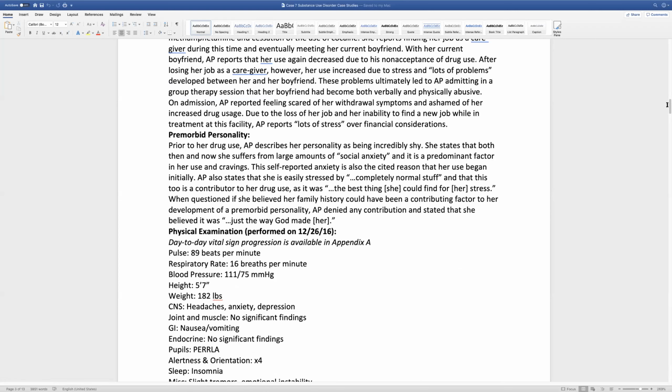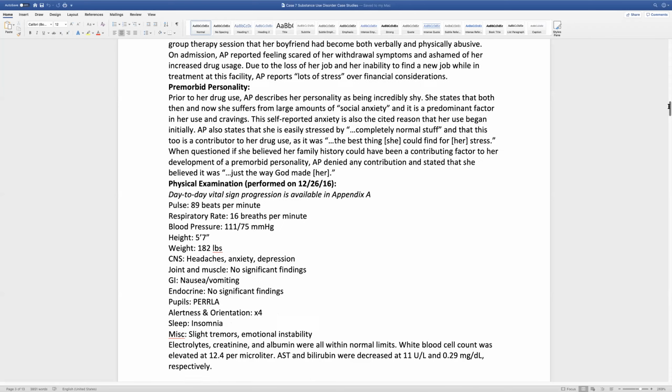When questioned if she believed her family history could have been a contributing factor to her development of a premorbid personality, AP denied any contribution and stated that she believed it was just the way God made her. Physical exam: she's 5'7", weighs 182 pounds.